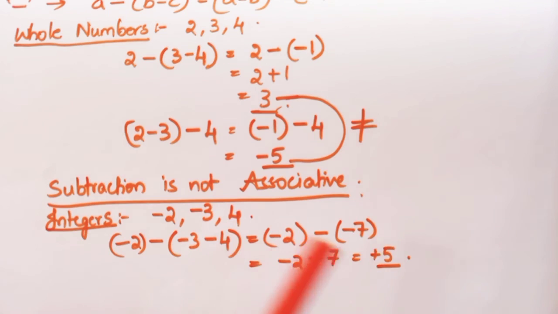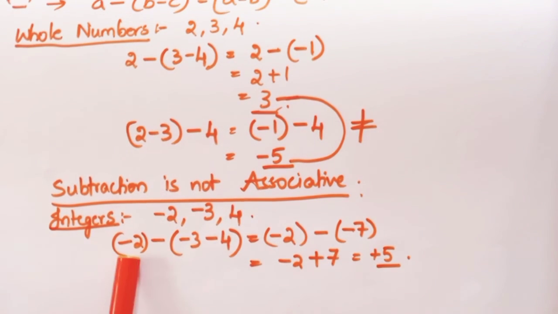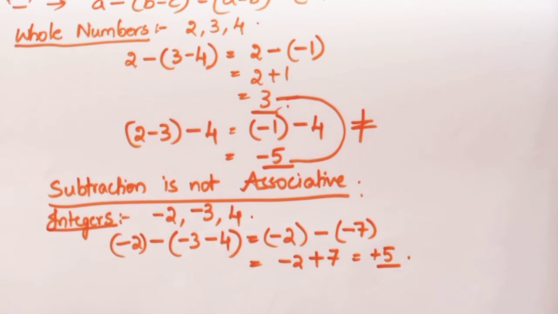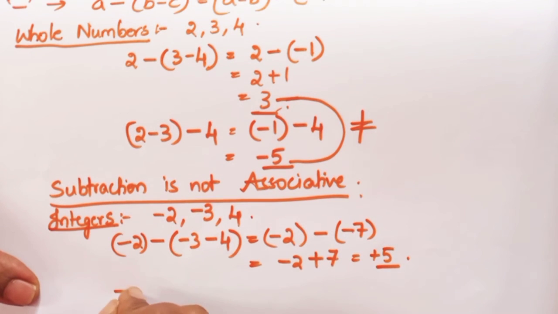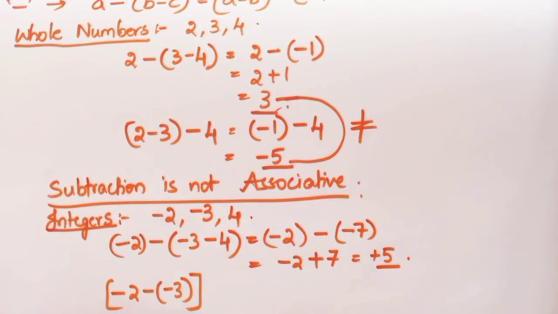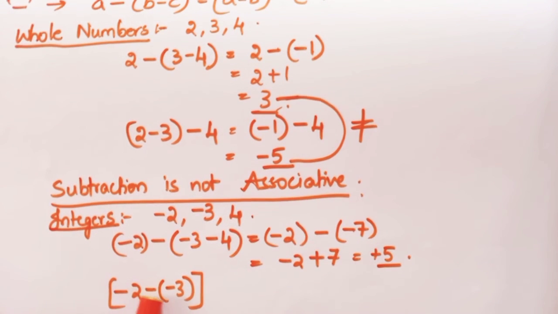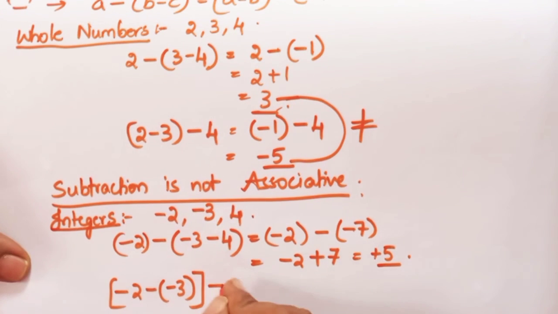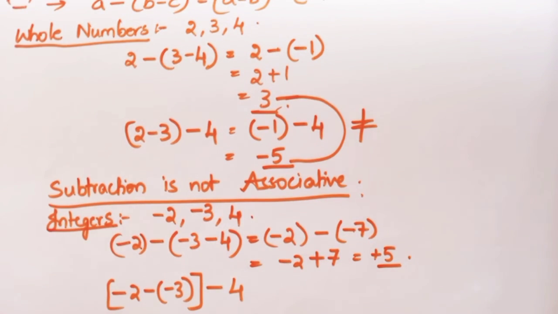Keep it like this. This is the result of my first case, that is A minus B minus C. Now my second case will be A minus B. See this. My A is minus 2, minus my B is minus 3, A minus B minus C. My C is just 4. So minus C. Let us check this condition.